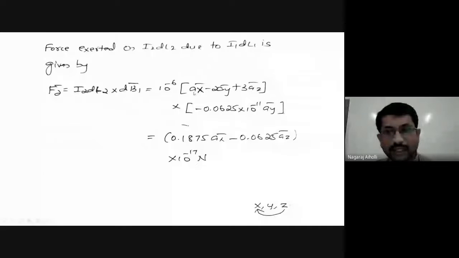AX cross AY will be AZ. So when you multiply this, you get minus 0.06. In very few examples do we come across the cross product of two unit vectors. The dot product of a unit vector with itself is 1.